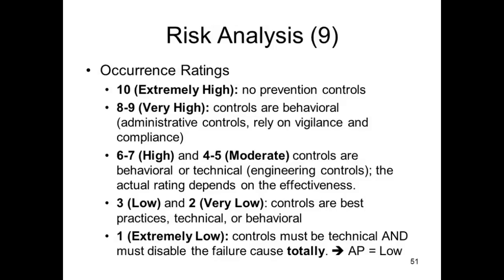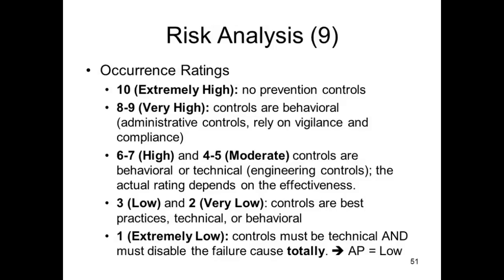Or maybe in certain cost accounting systems where it's done manually, it requires on the vigilance of the accountant, but if the debits don't balance the credits, the accountant will notice that immediately and realize that there's a mistake. That could conceivably get us down to a 3. Extremely low controls must be technical and must disable the failure cause totally.